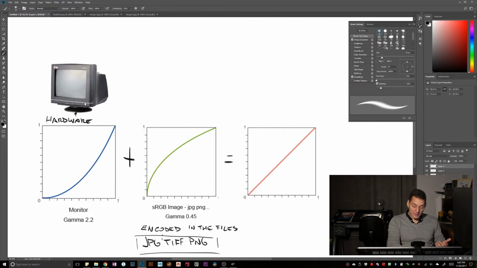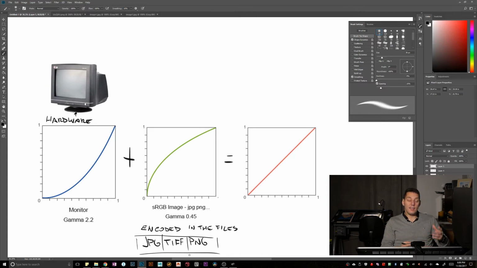And since these are standards, image file formats that everybody uses, you can't change them. Either you change them or you go back and change all the images so that you can see them on the LED or LCD monitor today.